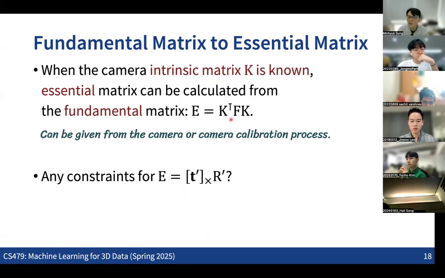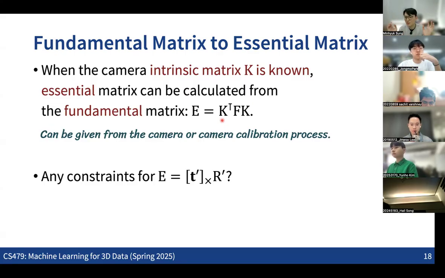Here, we are simply assuming that the intrinsic matrix is the same for all the images. But actually, there can be cases where the intrinsic matrix varies depending on the images. Especially for the example that I think I showed last time, where we collect all the internet images of the city of Rome to reconstruct the entire city.